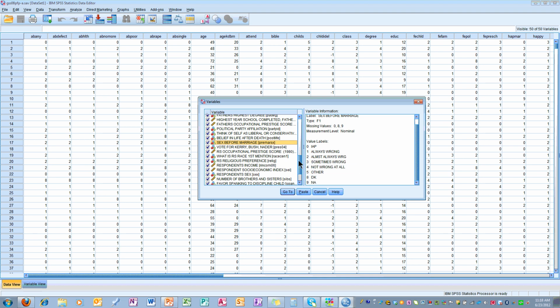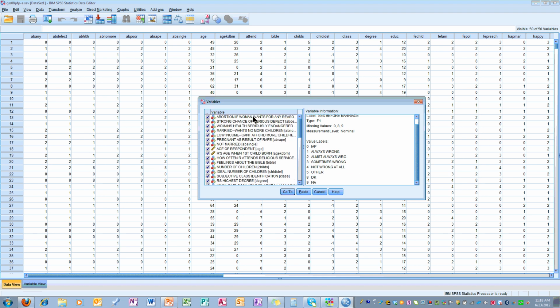In contrast, if we go back up here with regard to abortion, if a woman wants it for any reason, people could simply respond yes or no. This type of variable is referred to as a nominal variable. It's measured at the nominal level, insofar as you simply have two categories, yes or no, to which a person could respond, and there's no rank order attached to those categories.